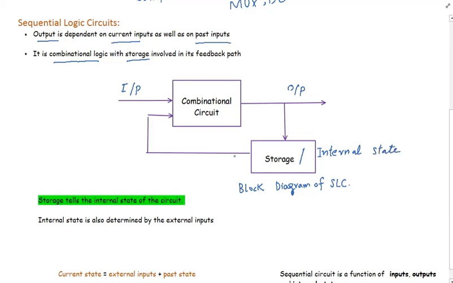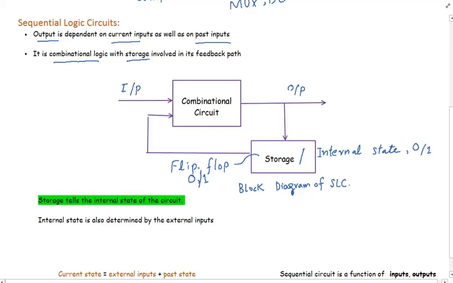And this could be a flip-flop, either a single flip-flop or multiple flip-flops, depending upon our application. A flip-flop is a bistable device which stores one bit of information. It can store either 0 or 1. So the internal state could be referred to as storing 0 or 1.